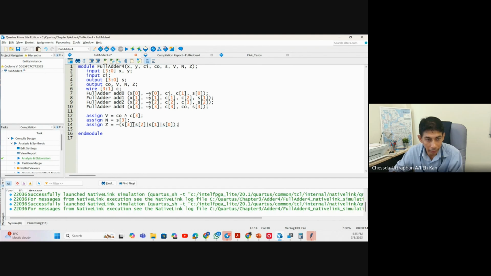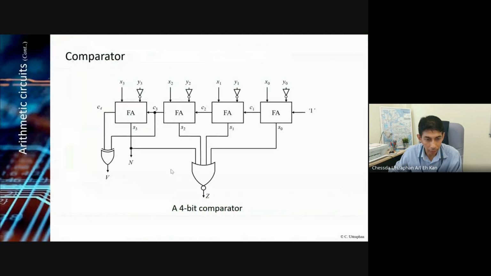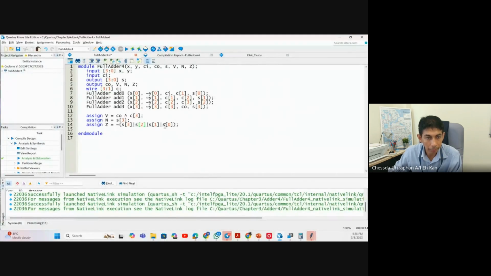So this is the NOR gate using data flow modeling. You can use structural modeling as well to create a NOR gate, but in this case, I will use structural data flow modeling. Easy. Not S3 or S2 or S1 or S0 exactly, because this is an OR gate with a NOT function, right?